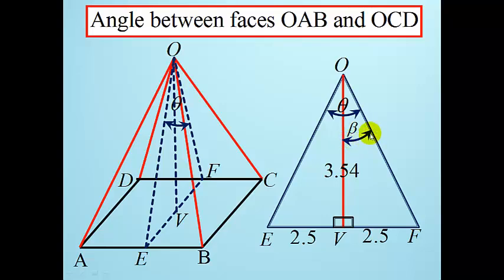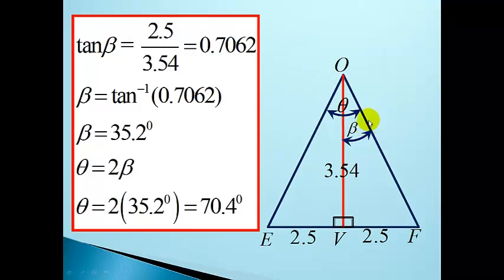So when we consider the angle beta, we can see that 2.5 is opposite and 3.54 is adjacent. Now, considering the triangle OVF, the angle is beta, and 2.5 is opposite and 3.54 is adjacent.